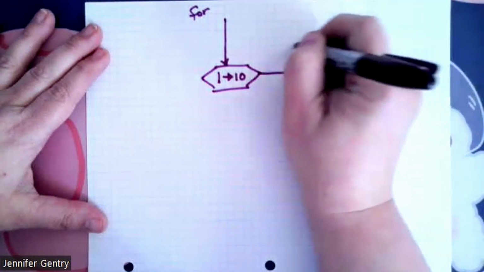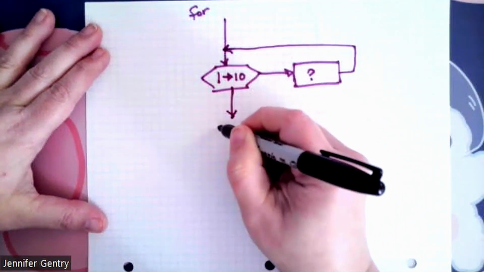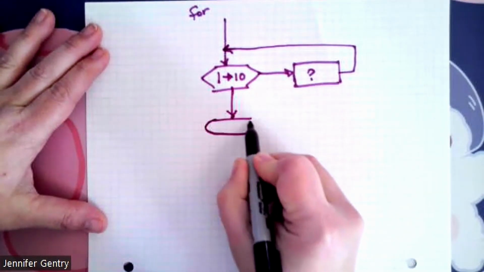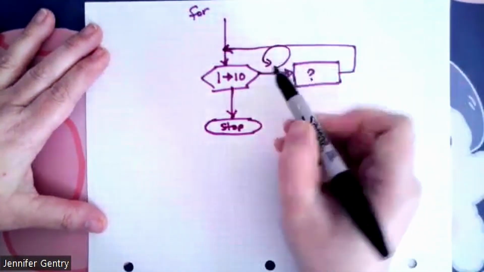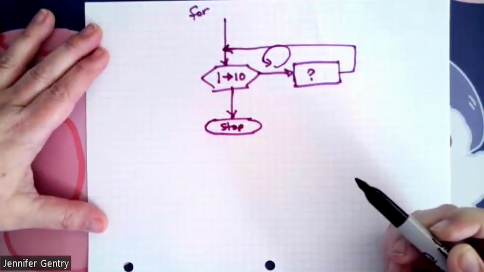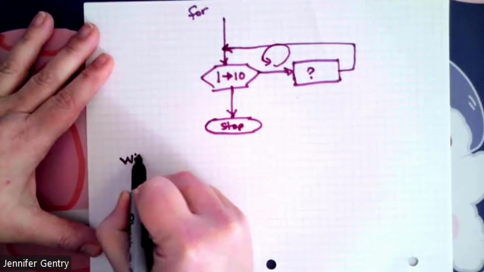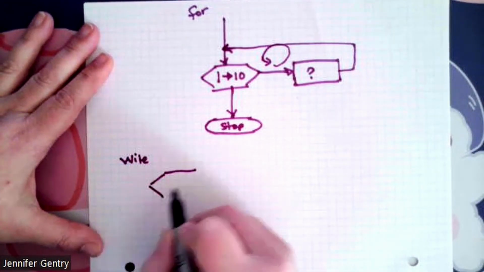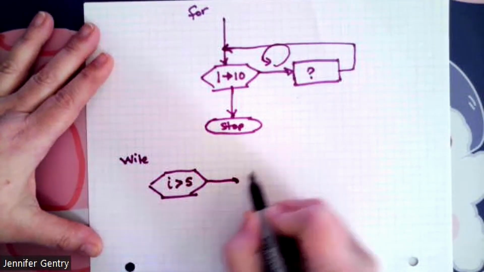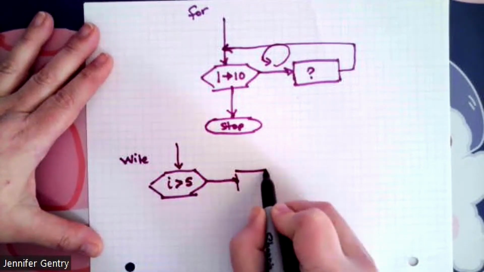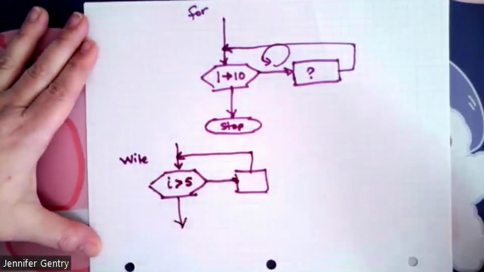And then when I'm done, I'm going to keep going back 1 to 10. When it's done, we can then stop. Here's my loop right here. You can see it actually creates a loop. Now for my while, I can say while I is greater than 5, do something, and it's going to come back and loop around when it's done.